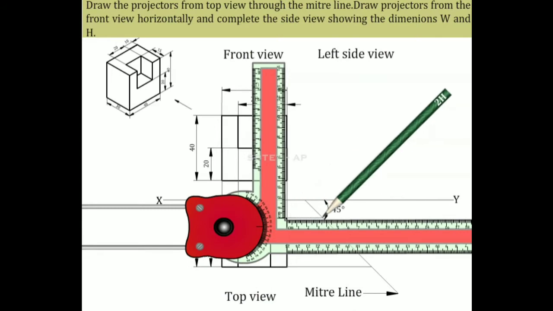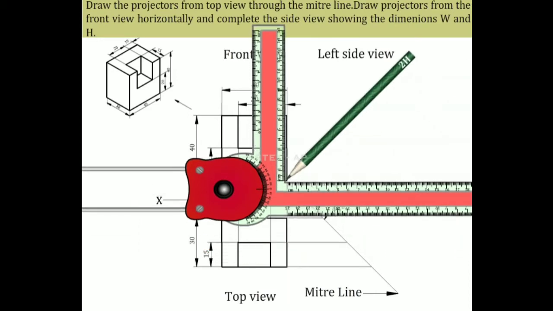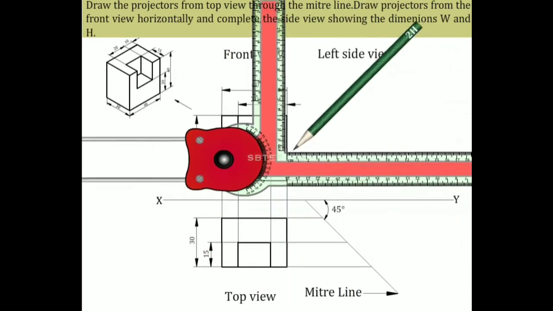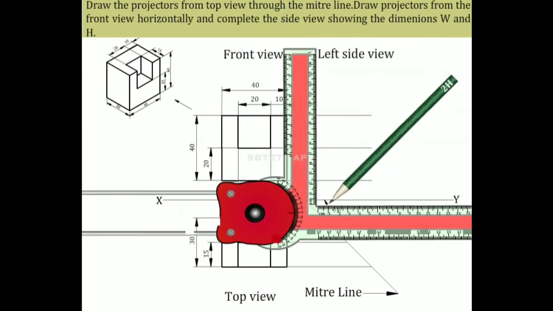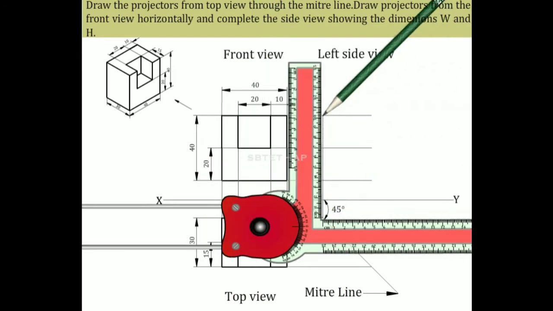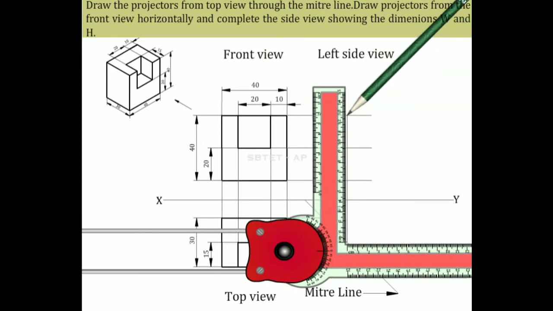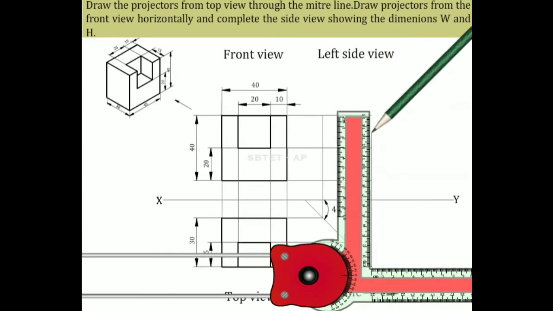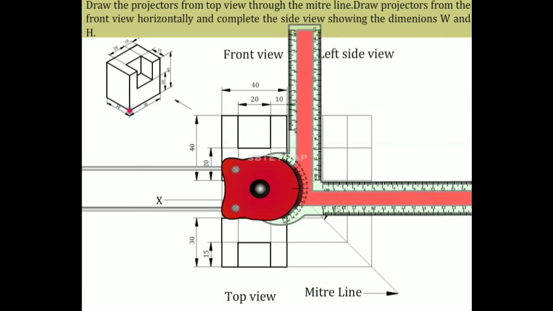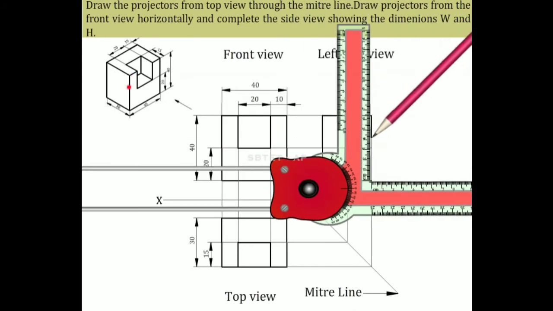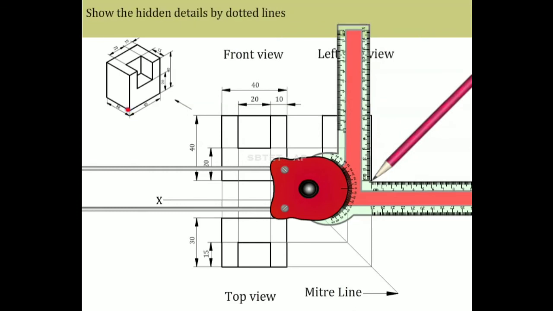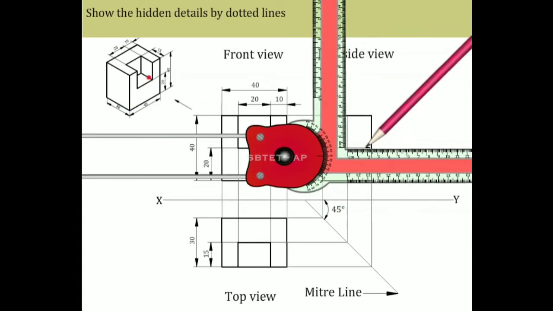Now draw the projectors from the front view horizontally and complete the side view showing the dimensions width and height. Show the hidden details by dotted line.